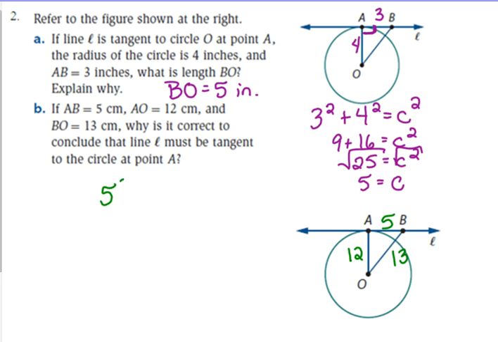So let's check and see, does 5 squared plus 12 squared equal 13 squared? I put a question mark over my equal sign because I don't know for sure. Clay says that it does. Do we trust Clay? Yes, we should trust Clay. It is 169 on the left side. It is 169 on the right side. So it does satisfy the Pythagorean theorem.